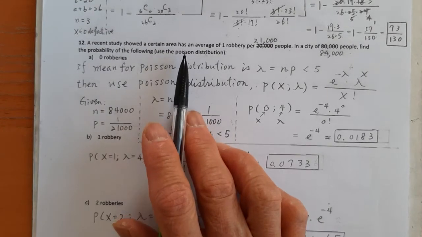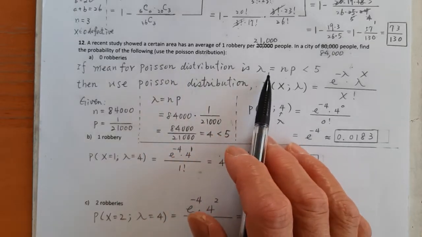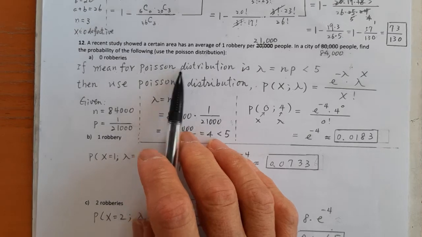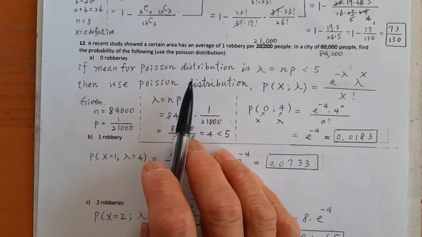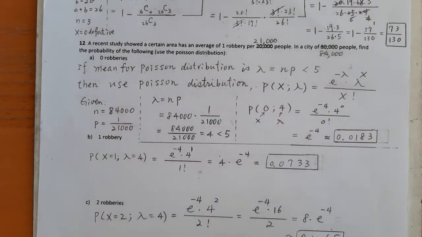It is a binomial distribution, but when n times p is very small, less than 5, you can use Poisson distribution to approximate the binomial distribution.